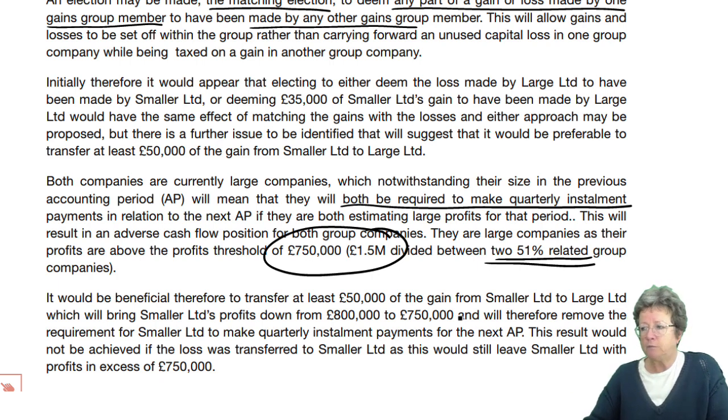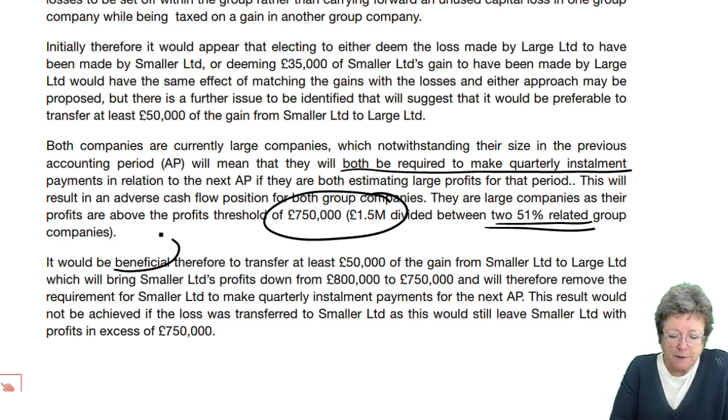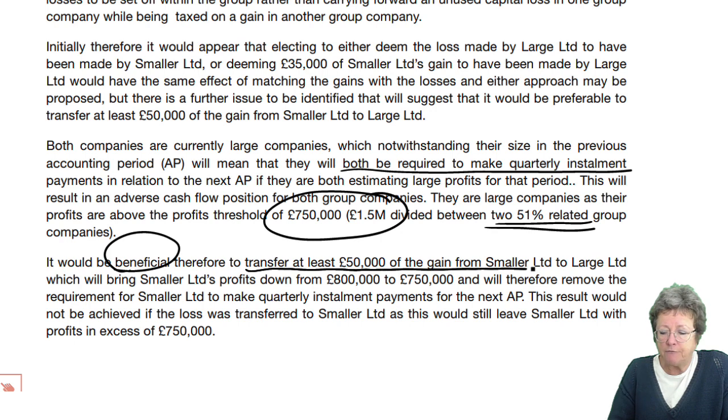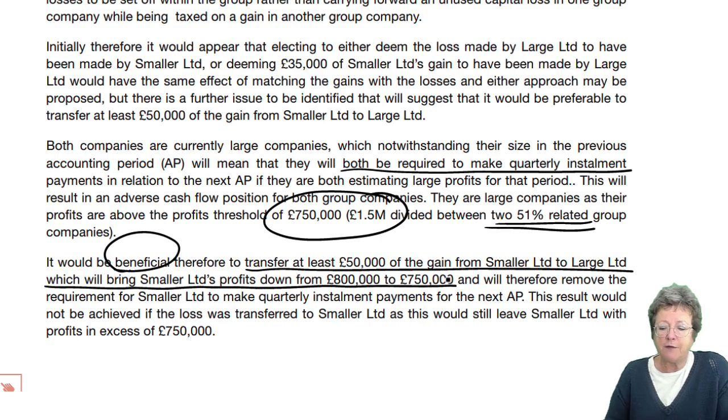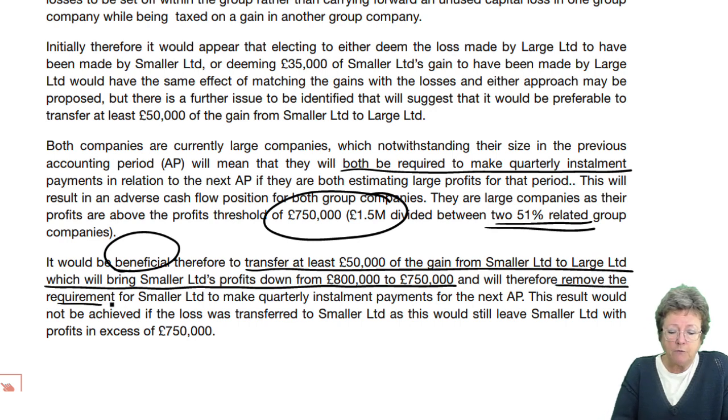So therefore, it would be beneficial to transfer at least 50,000 of the gain from Smaller to Large, which will bring Smaller's profits down from 800 to 750, removing them from the need to make quarterly payments.